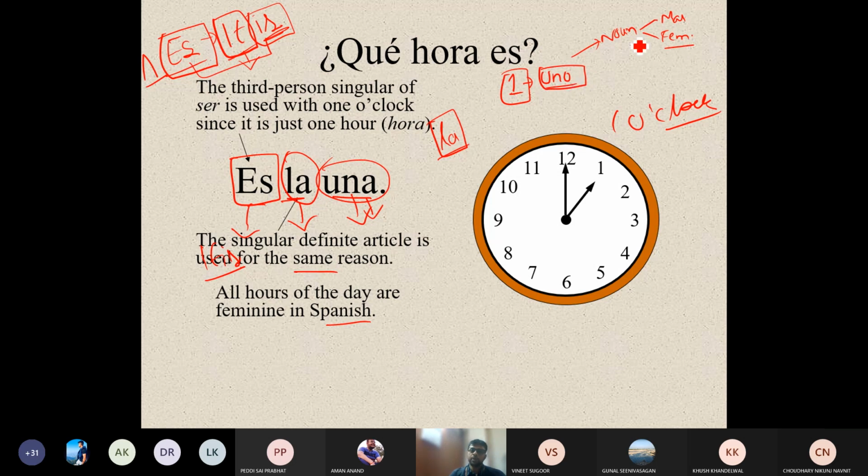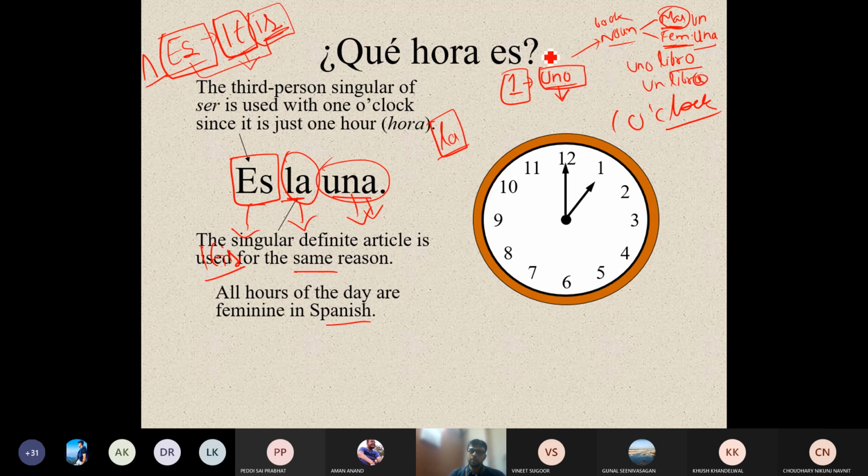If there is only one noun, for example one book, you should not be using uno in that case. Why? Because the word book is a masculine noun, so it is better to use the masculine indefinite article un. You should not be using uno libro. It is better to use un libro.